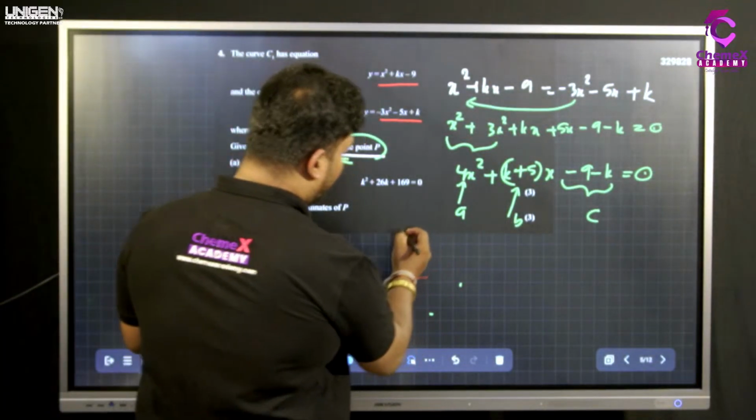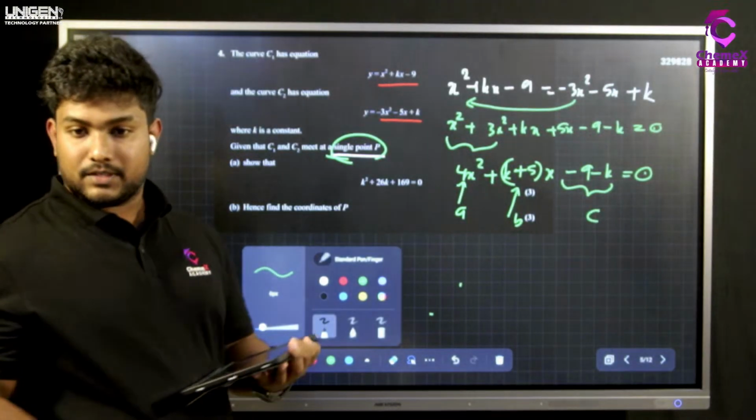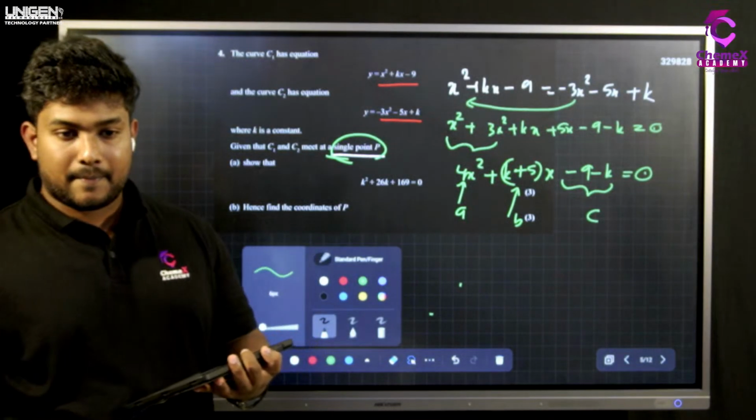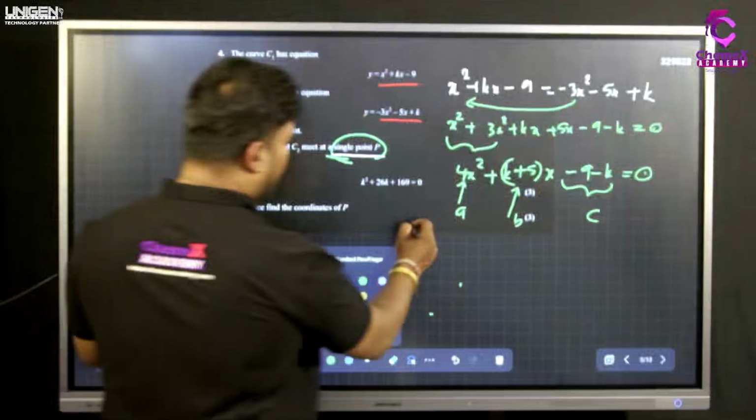Then what's the formula you are trying to use? What's the formula to use? b squared minus 4ac.